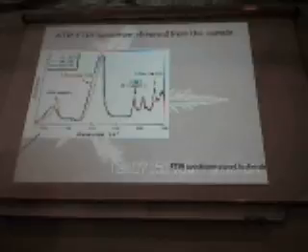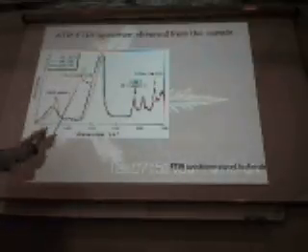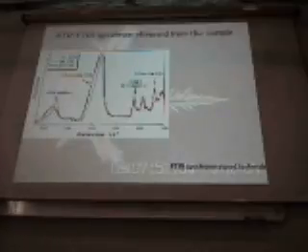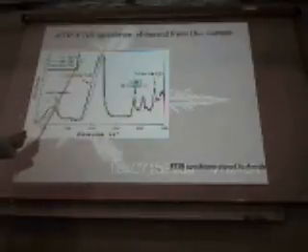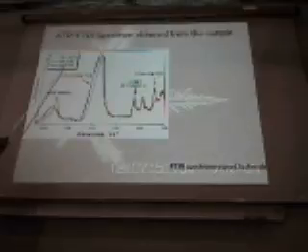This is wave number and solvents. This big, large peak comes from D2O ice. This line shows the temperature difference. Here is 10 degrees, -5, -15 degrees Celsius.